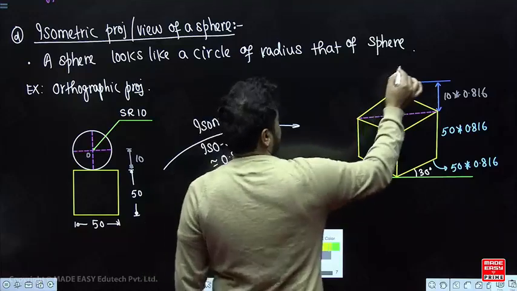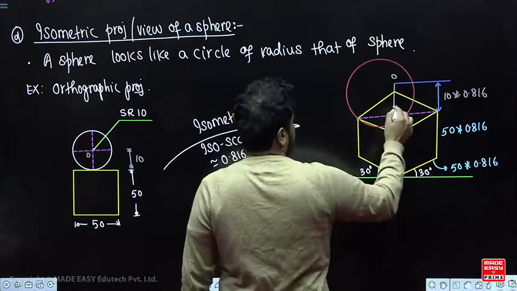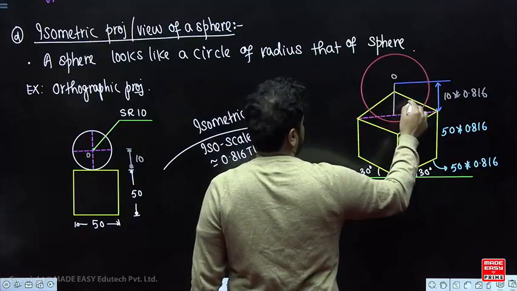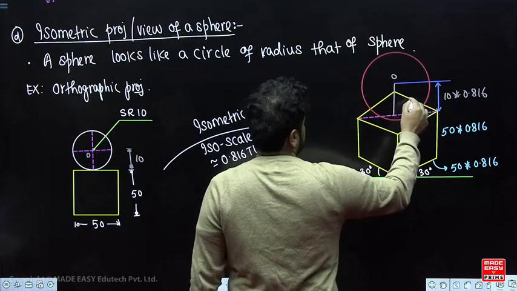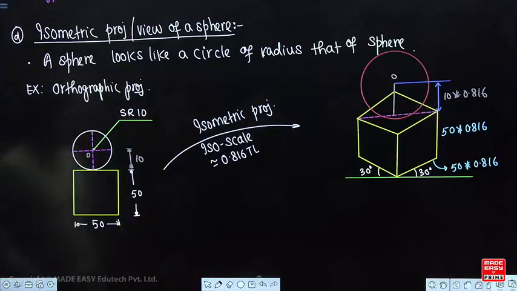Now I have to draw a circle such that some portion of the circle lies below this diagonal. So I am drawing a circle.